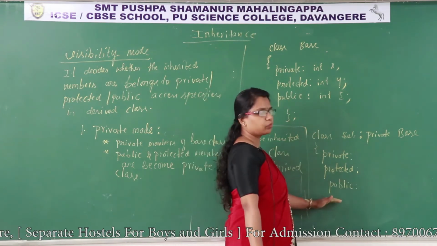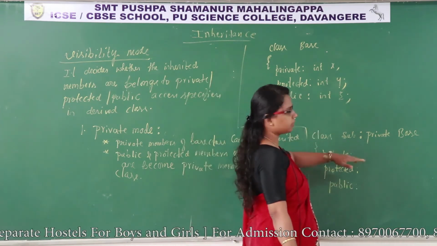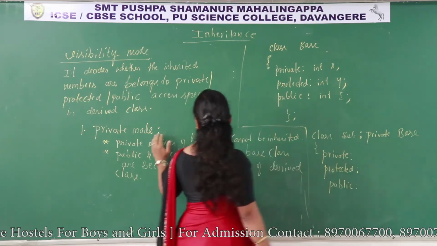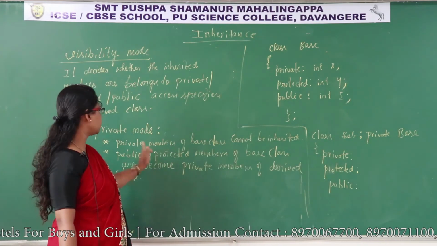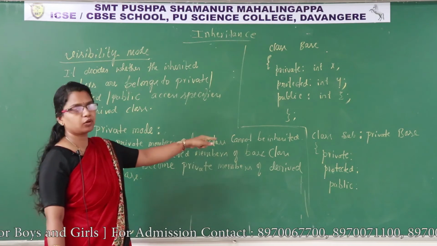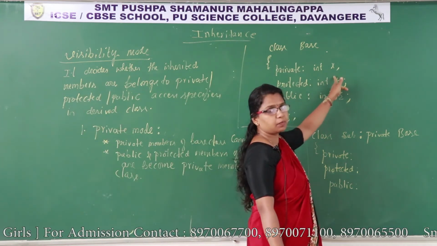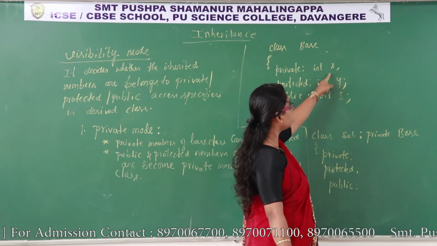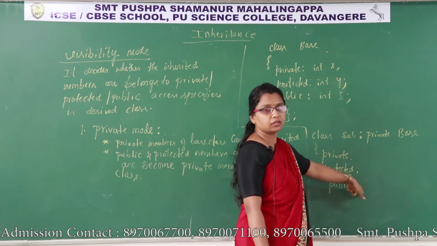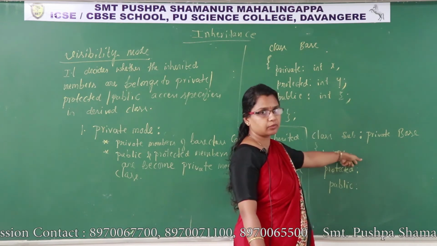When you write this statement, what happens? Base class members are inherited to derived class. As per the rule, in private mode of inheritance, private members of base class cannot be inherited. What is the private member of base class here? Int x is a private member of base class. This data member will not be inherited to the derived class.